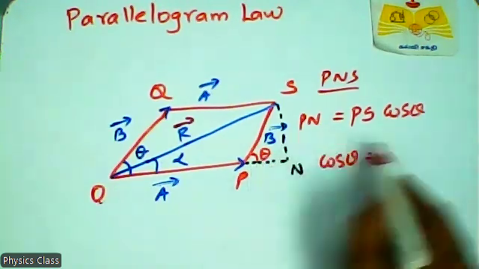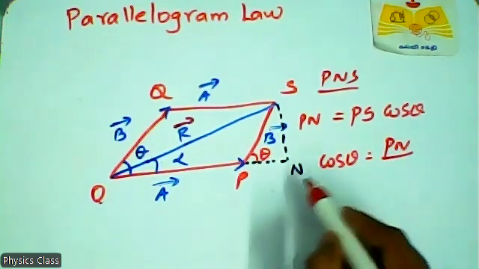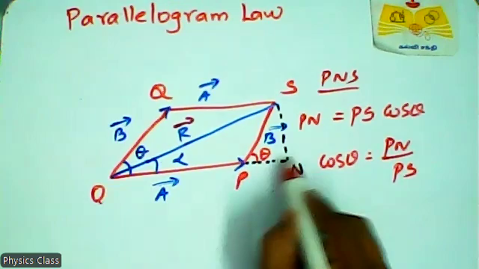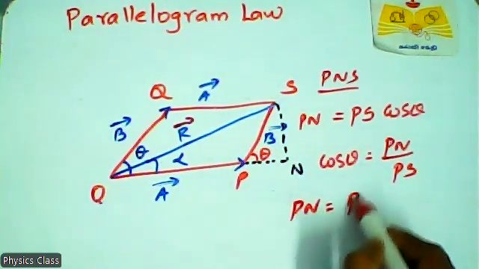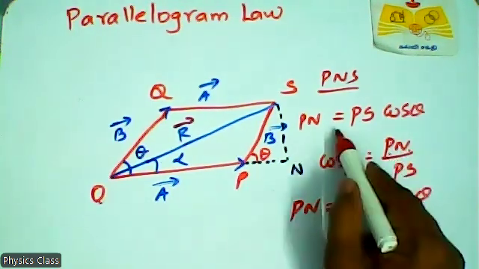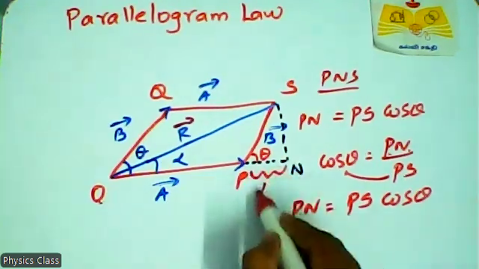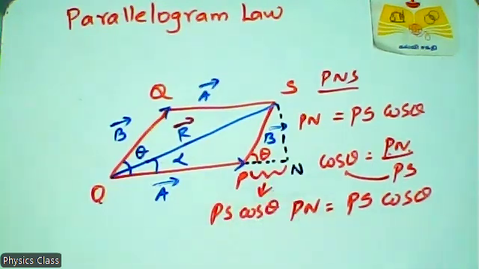The adjacent side is PN and the hypotenuse is PS. So PN is equal to PS cos theta.